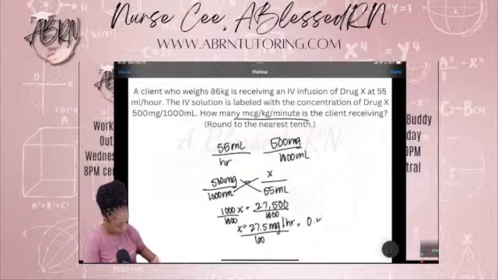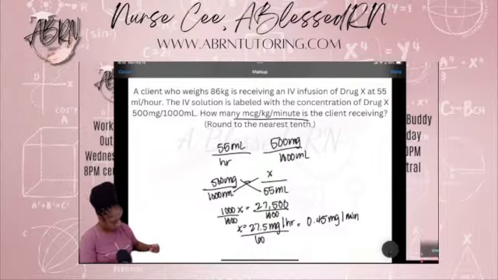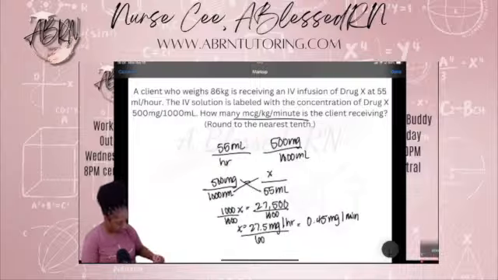So 0.458 milligrams a minute. And then we have to change this to micrograms. I'm running out of space.